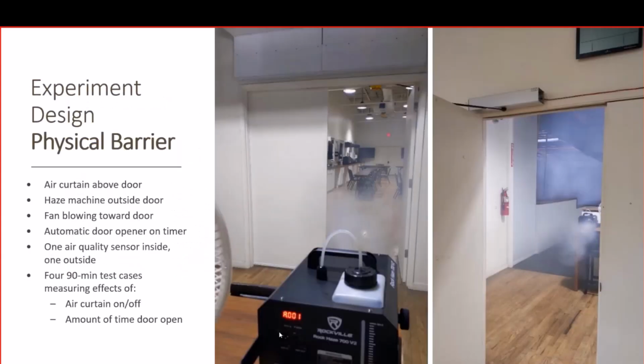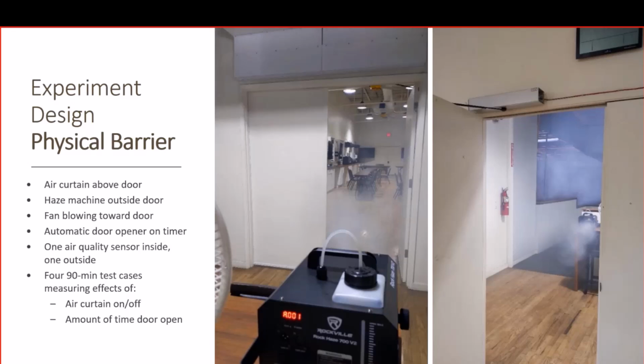This is the experiment that actually led to those publications. This is again the learning center in a factory. We used a haze machine to blow smoke into the learning center. We had a little prop fan which pushes the smoke into the door.